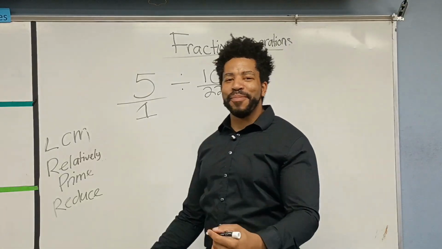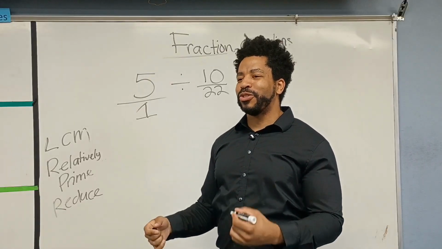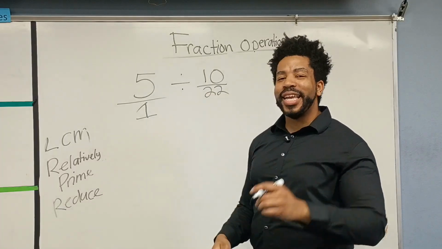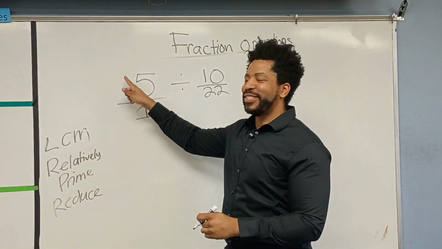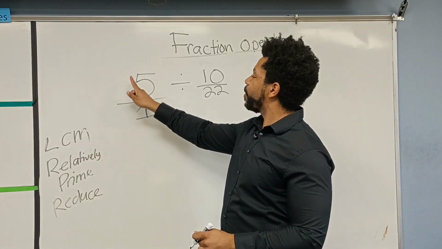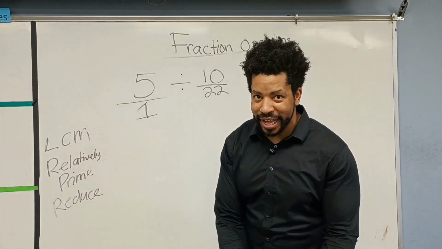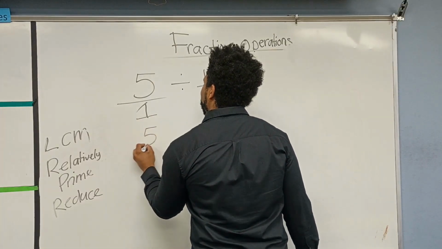There are higher maths where I use this principle in order to solve difficult problems, but here's the principle that lies within it. 5 divided by 1, still 5. Didn't change anything, okay?